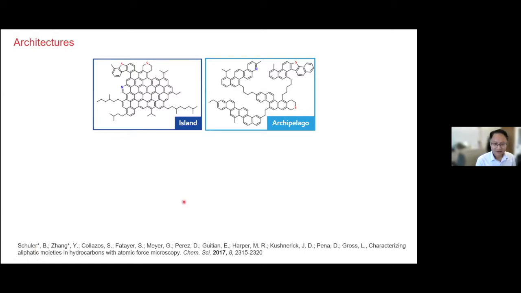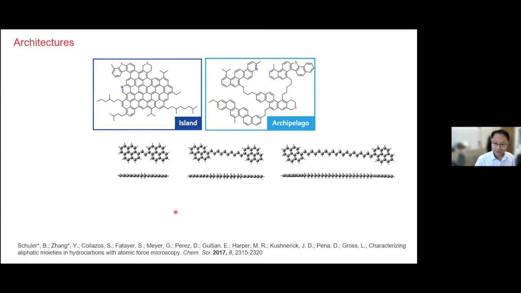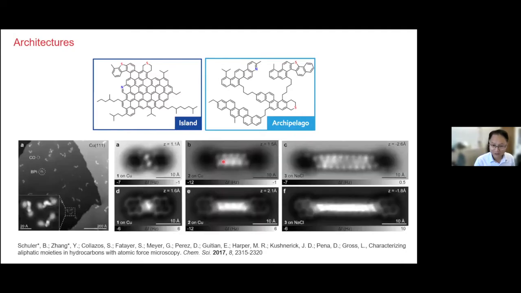And by working with Bruno and Leo at IBM, we prepared these compounds to mimic this archipelago structure, and then we can image them. So these are the structures. You can see two different tip heights.